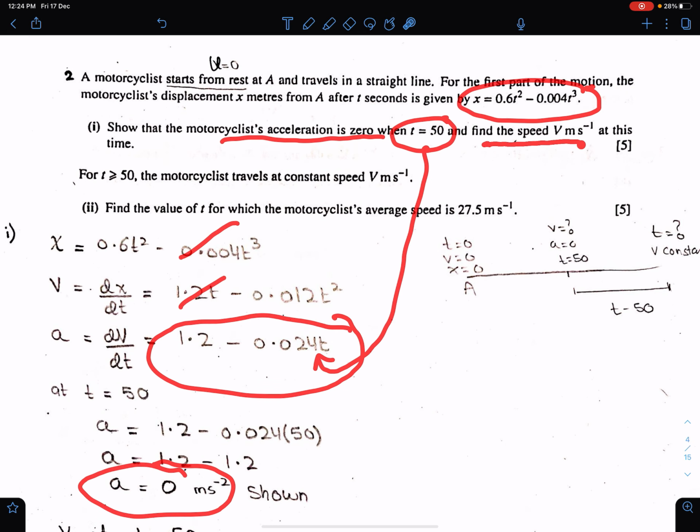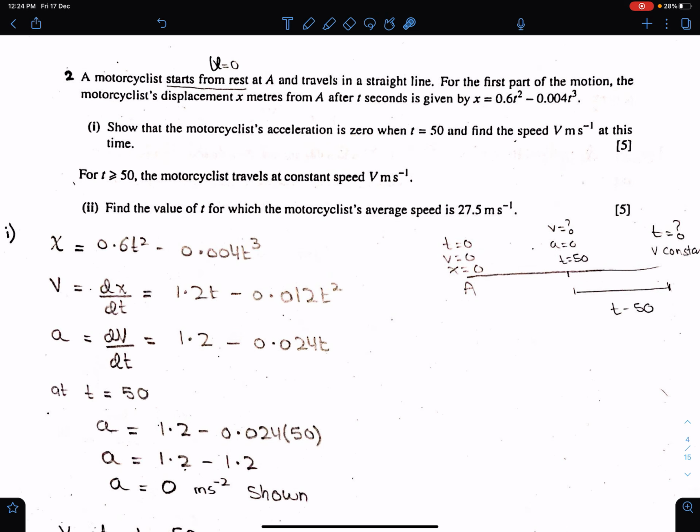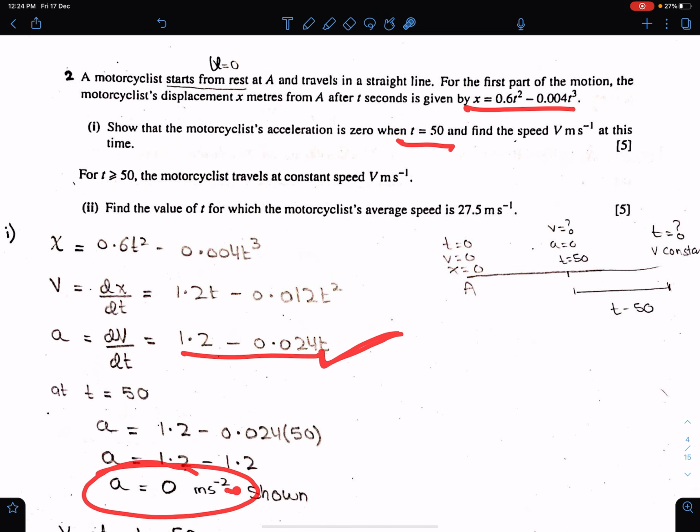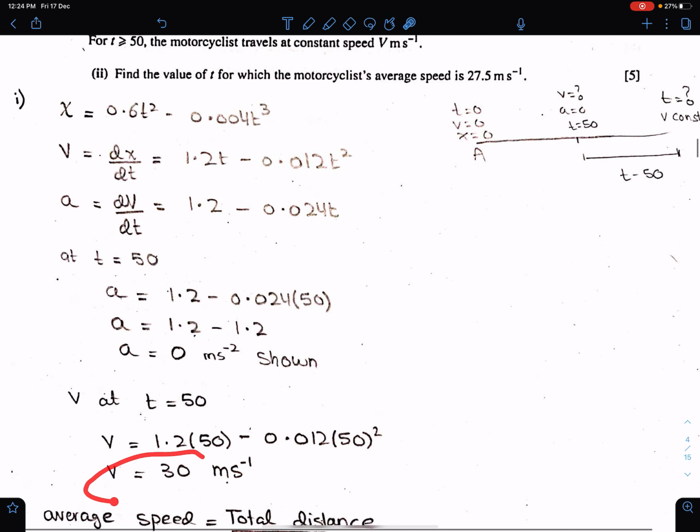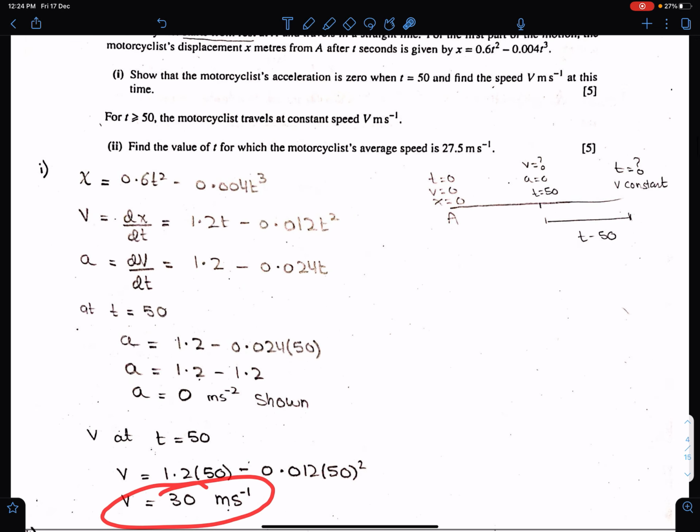So you just need to put 50 into the equation of velocity. First differentiate this twice and get the equation of acceleration, then substitute 50 here, and you can easily show that acceleration is 0, and then substitute 50 here for the value of velocity. So velocity is 30 at t = 50.